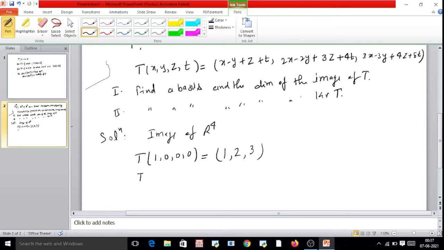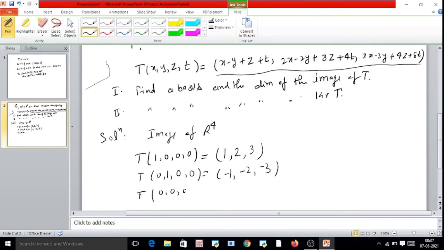If we write T of (0, 1, 0, 0), we get minus 1, minus 2, minus 3. We are taking all the values from here only, so you may put all values and you will get what I am getting here. T of (0, 0, 1, 0) is equal to (1, 3, 4), and then T of (0, 0, 0, 1) gives you (1, 4, 5).